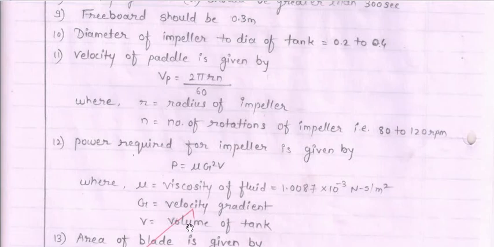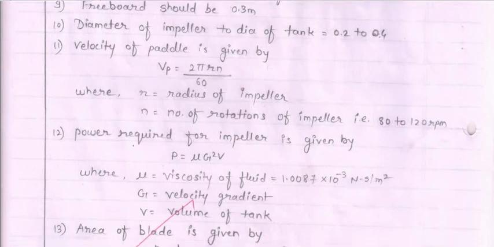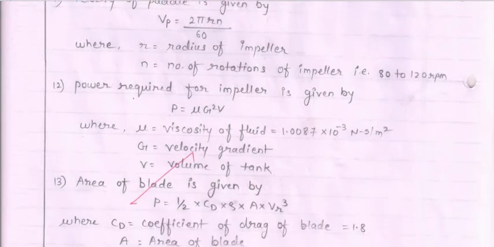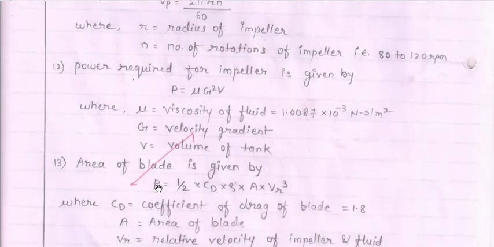V is the capital V, that is the volume of the tank, and mu is the viscosity of fluid, which is generally given as the standard value 1.0087 into 10 to the power minus 3 Newton second per meter square. The power in terms of the area of blade is given by P equal to half into CD into rho into A into VR cube.